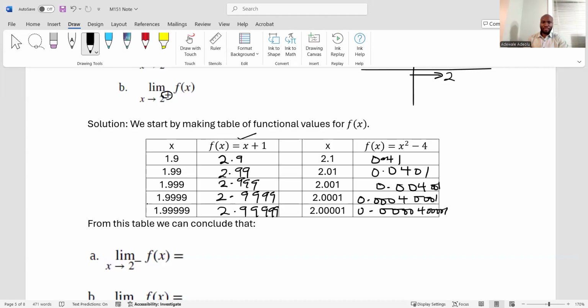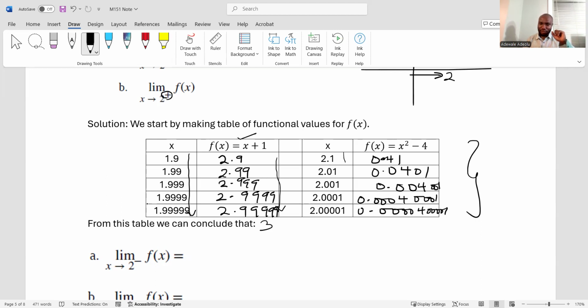Okay, so this is what we have. Now, we can see that on this side, as x approaches 2 from the left, the function value is trying to get to a single number, which is 3.